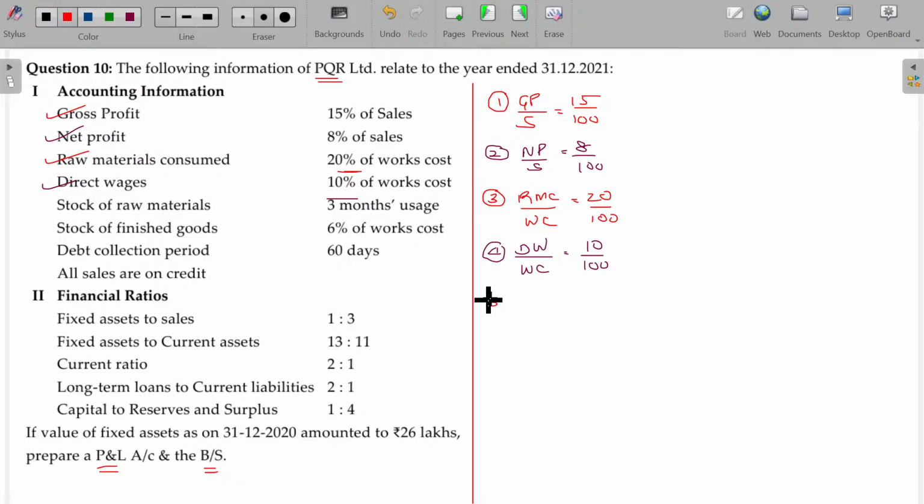Fifth, stock of raw material being 3 months usage. Raw material stock is raw material consumption into 3 months. 3 months usage. Clear?